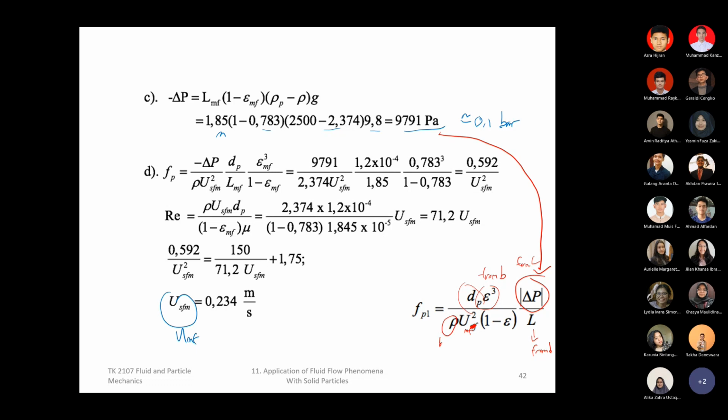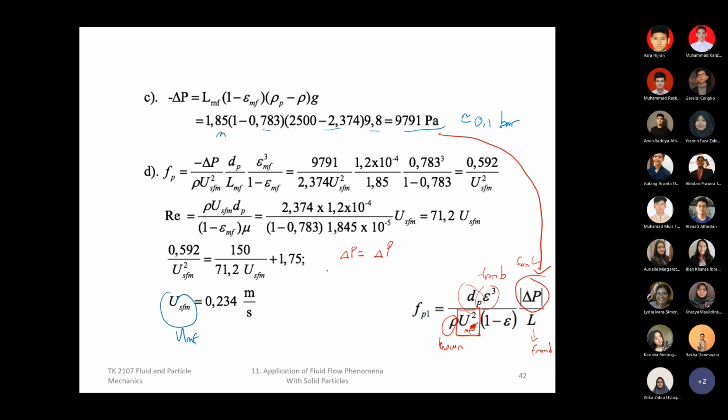Rho is known. That's what we want to calculate, right? So again, that's the combined use of the two delta P calculations that I told you. So delta P is equal to delta P.